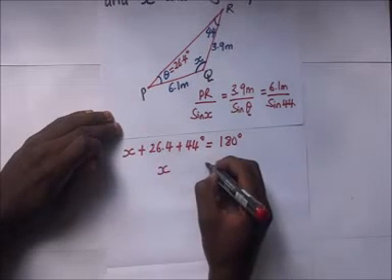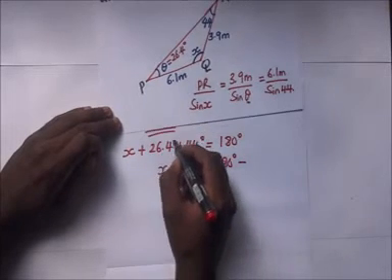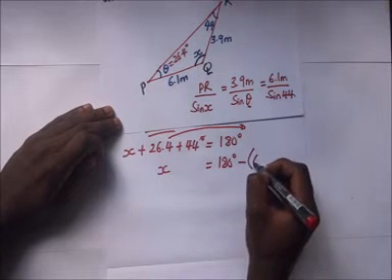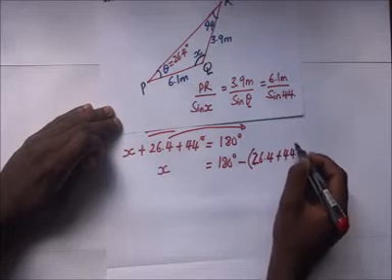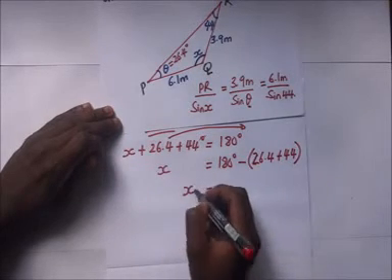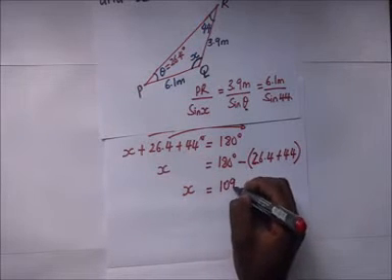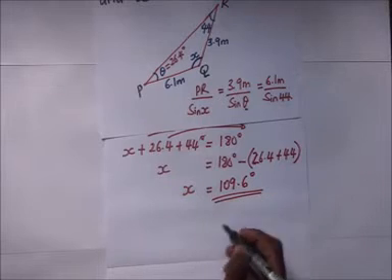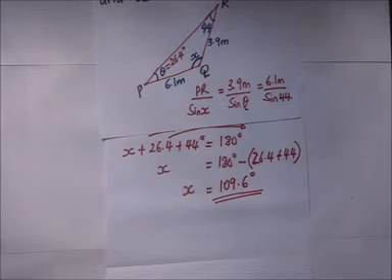So our value of x will be 180 degrees minus 26.4 plus 44. And when we compute it, our value of x is 109.6 degrees. That's our value of x.